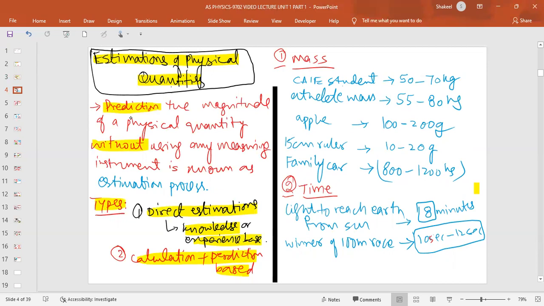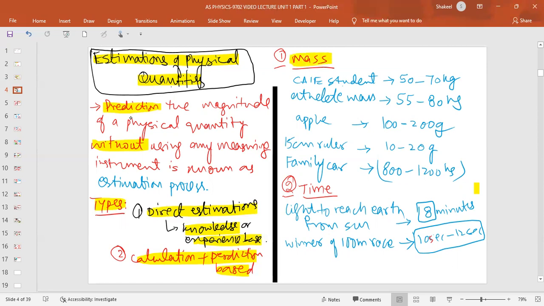Generally, we have to talk about all the estimations like the mass, speed, temperature, pressure, force, then about electromagnetic waves, their speed, their frequency, their wavelength, about the resistance of different things, and many other things are also there. So let's start with the mass.